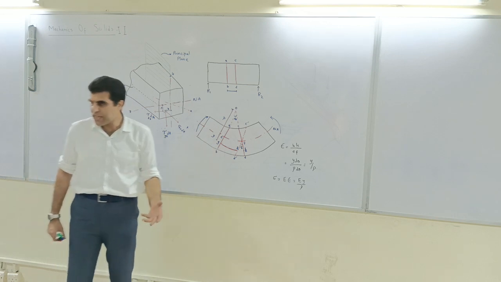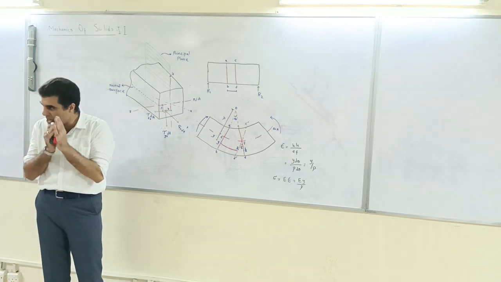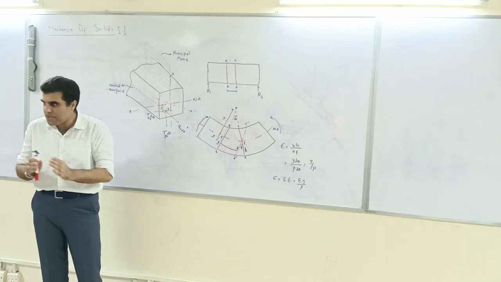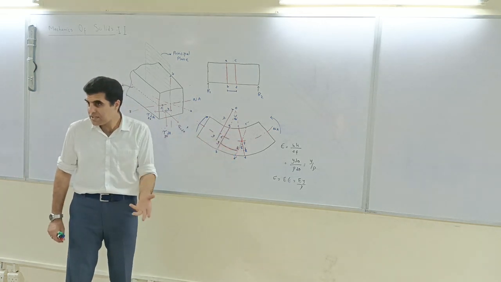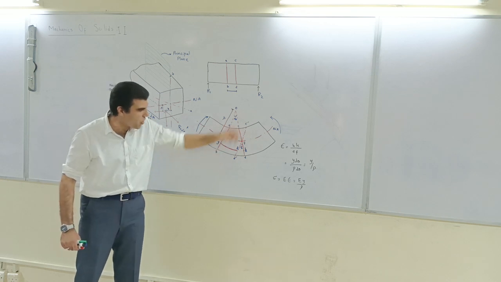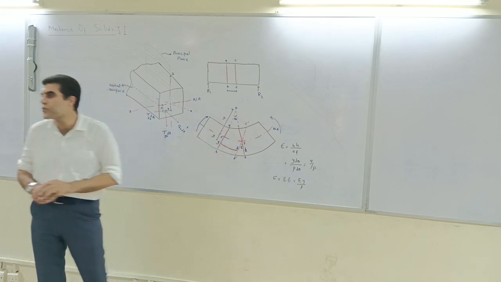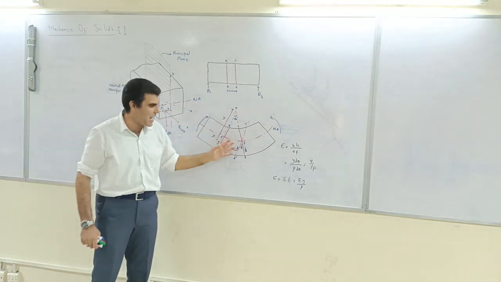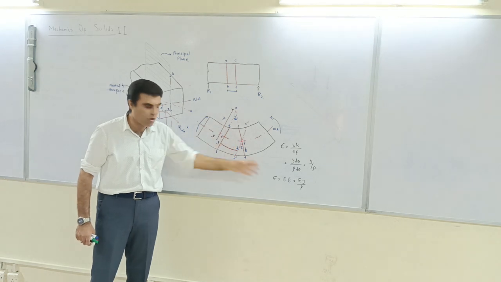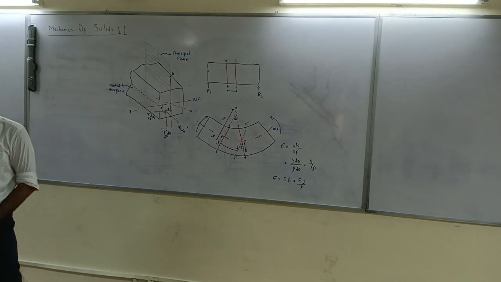Because of the corresponding angles. So the assumption of plane section remain plane has helped us to consider these two planes as plane after flexure action. That's why we could draw lines parallel to it, perpendicular to it, and we could use trigonometry to get a simplified form of our equation. Do you understand the significance of plane section remain plane in this?